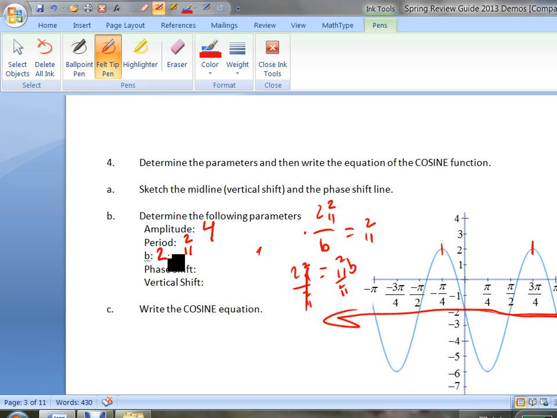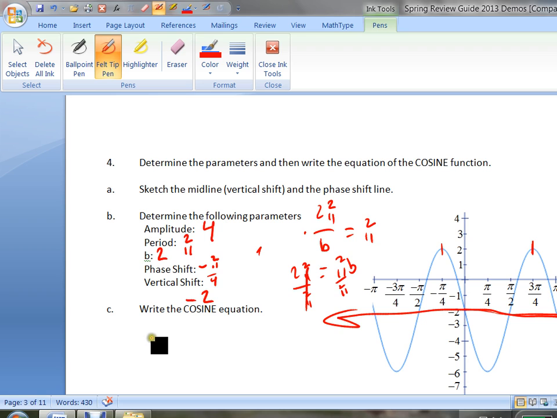Now you know that the phase shift is where it moves over from its original starting spot from the y-axis, and it moved over negative pi fourths. And you know that the vertical shift is how much it has moved from the x-axis, and it has moved down negative 2.